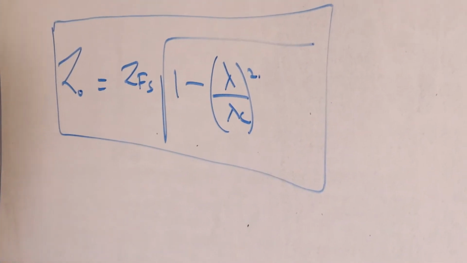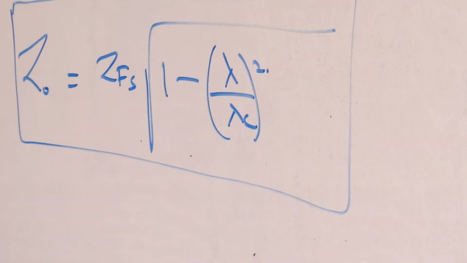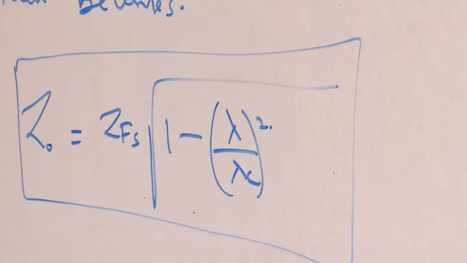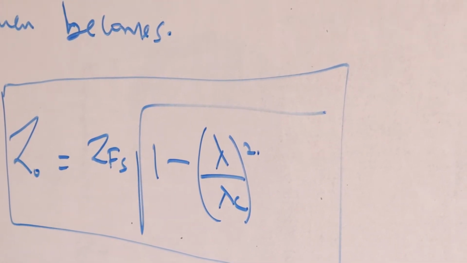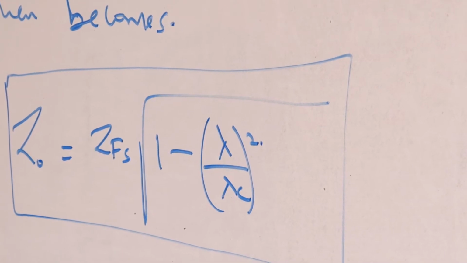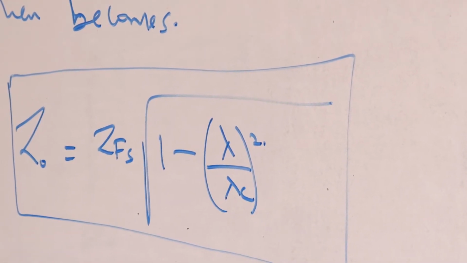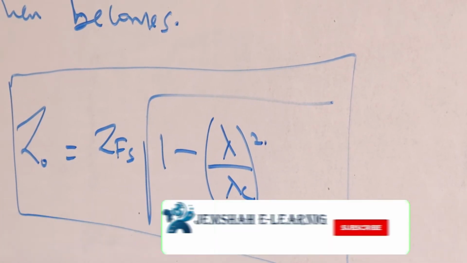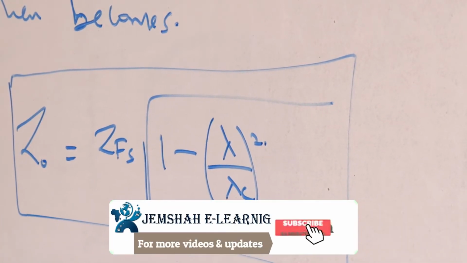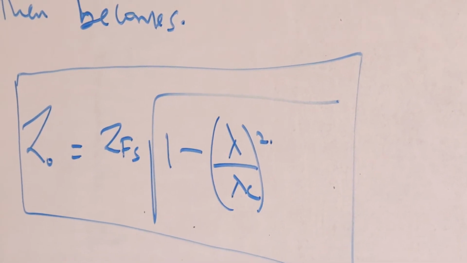So for TM modes, it becomes a multiplicand. For TE modes, it becomes a divisor. Basically, that's what it is, so that we can have a single example before we go to the circular waveguides.